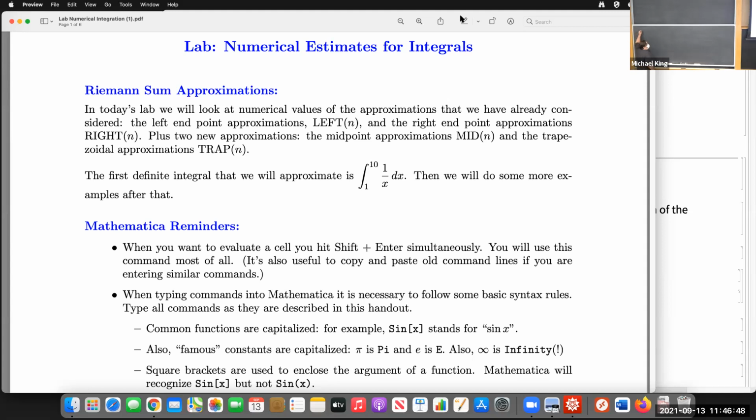So what we were doing in lab was estimating the integral from 1 to 10, 1 over x dx.